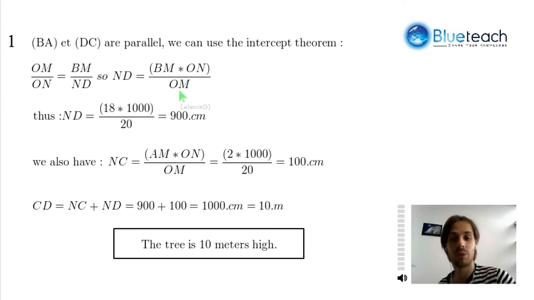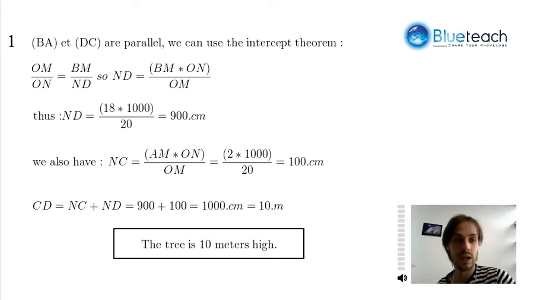Replacing with the values, ND is equal to 18 times 1,000 over 20. That's 900 centimeters, or 9 meters. We can do the same thing with the second triangle, and NC is equal to AM times ON over OM, which is equal to 2 times 1,000 over 20, which is 100 centimeters, or 1 meter.